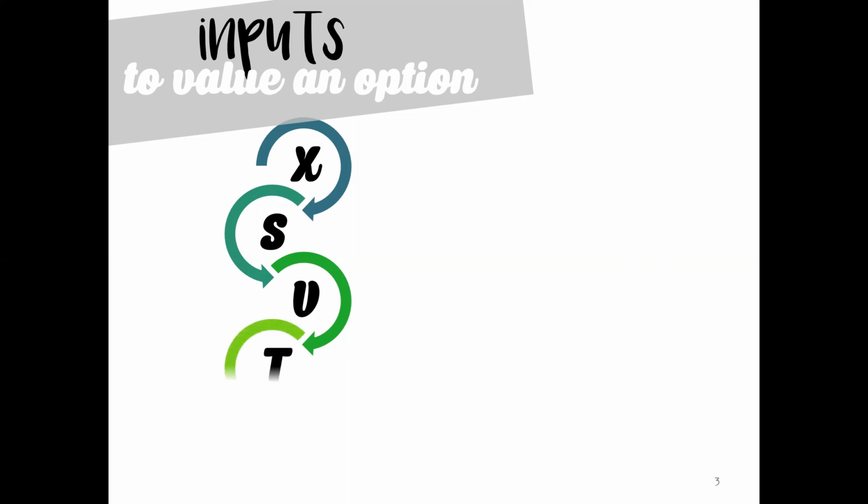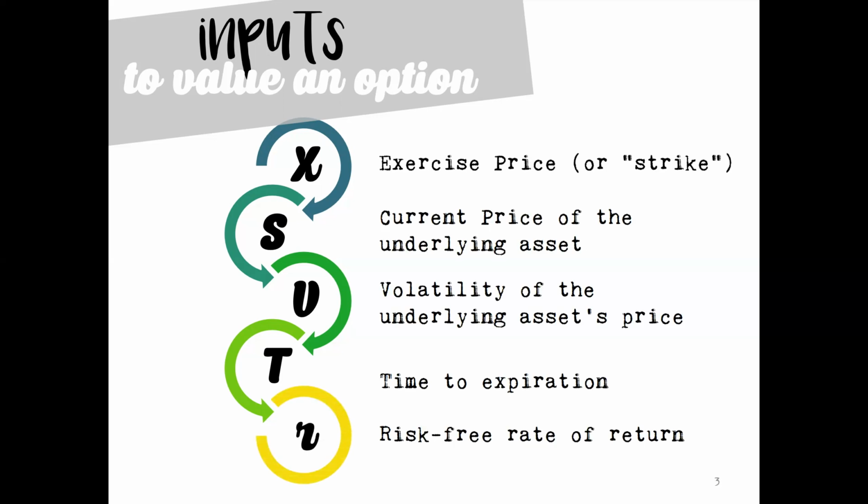That's the way it's going to be expressed, meaning that, in other words, the price of the underlying asset could go up or down by some number. T, time to expiration, is the time during which we have the right given by the option, by the contract. It could be a right to buy in the case of a call or a right to sell in the case of a put option. Finally, the risk-free rate of return. This is very easy to find, for example, the return on a T-bill.